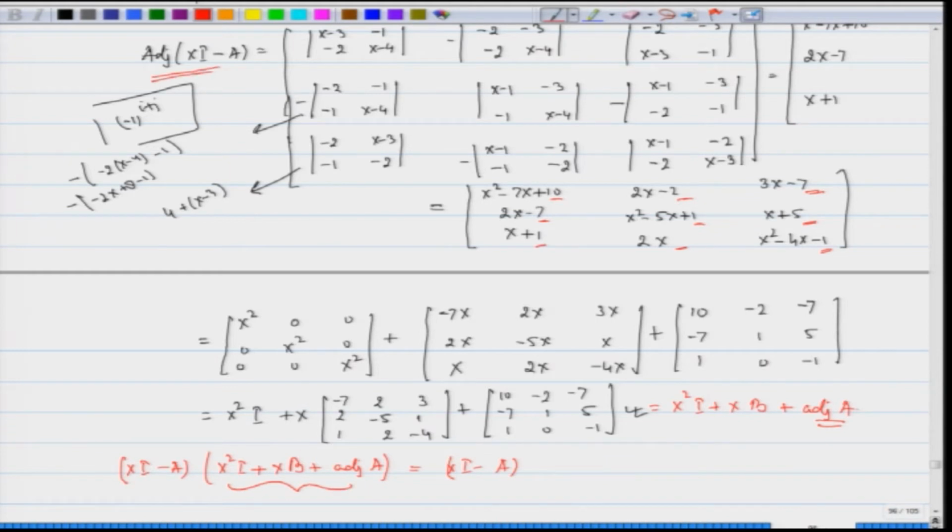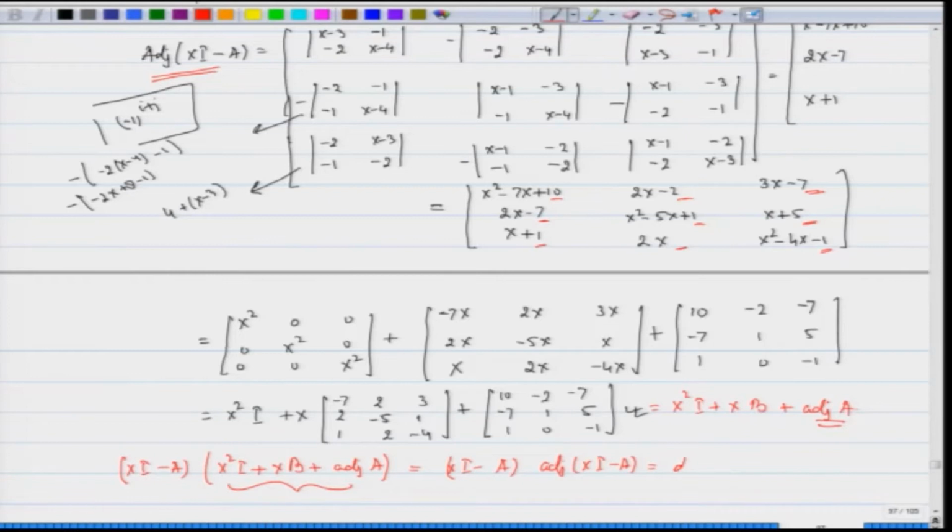This matrix was the adjoint itself, so this was the adjoint of xI minus A. With what we have learnt, that A into adjoint of A is determinant of A into I, this will give me the determinant of xI minus A into identity. Fine. So, we need to compute the determinant of this and then do the calculations. Or you can just multiply it here and see what is happening. Fine.